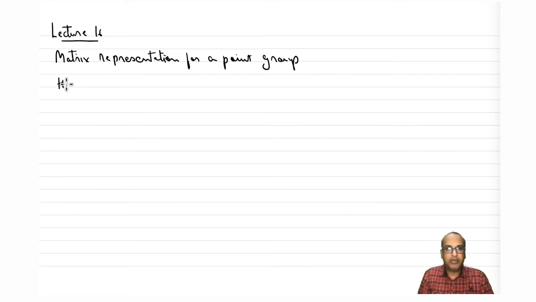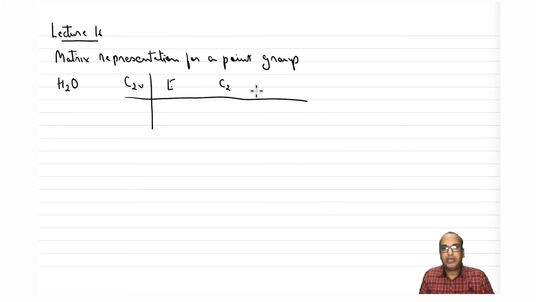So let's start with the water molecule, where the point group is C2V, and we know the symmetry operations or the group elements in this case are E, C2 (we'll say Z), sigma XZ, and sigma YZ, right? So in this particular case, let us call this representation.